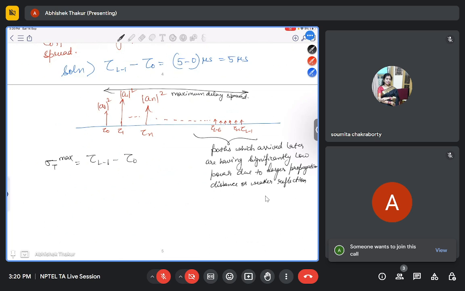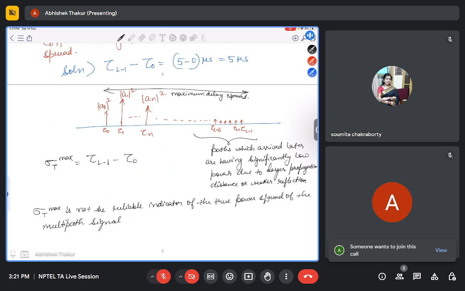Here we can say that sigma t max is not a reliable indicator of the true power spread of the multipath signal components.